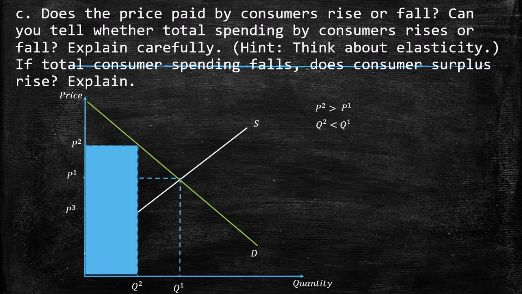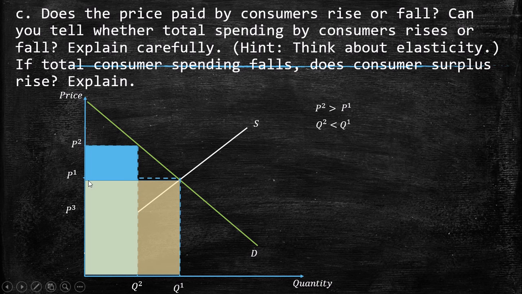It means that we have to compare these two areas. The first area, this beige area, is going to be P1 times Q1, which was the case of the equilibrium with the free market. After the tax, we have P2 Q2. So we have to compare both areas, and see which is larger. It will depend on elasticity.